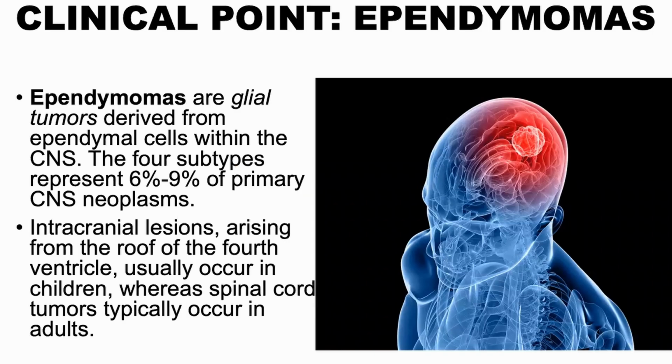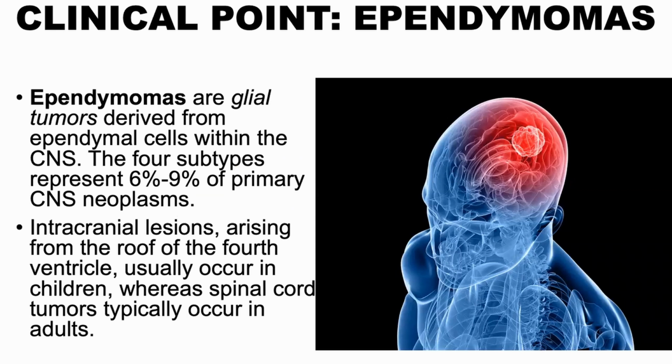With the ependymal cells, we already mentioned that glial cells have the tendency to cause tumors, not the neuronal cells. Even the ependymal cells can cause glial tumors called ependymoma. This is rare. It's not as common as the other types of tumors.